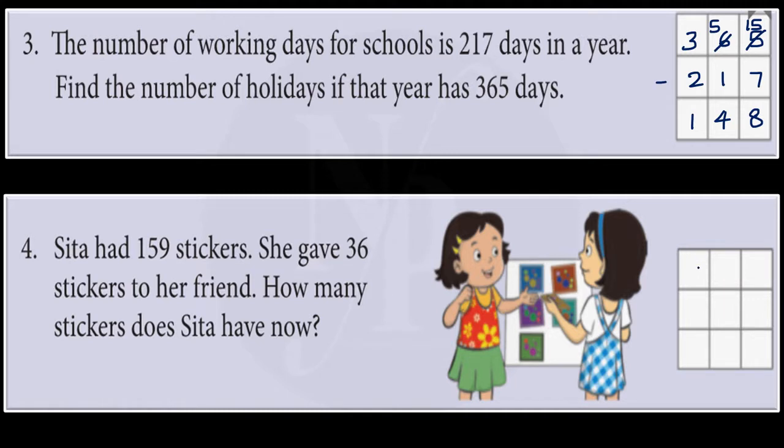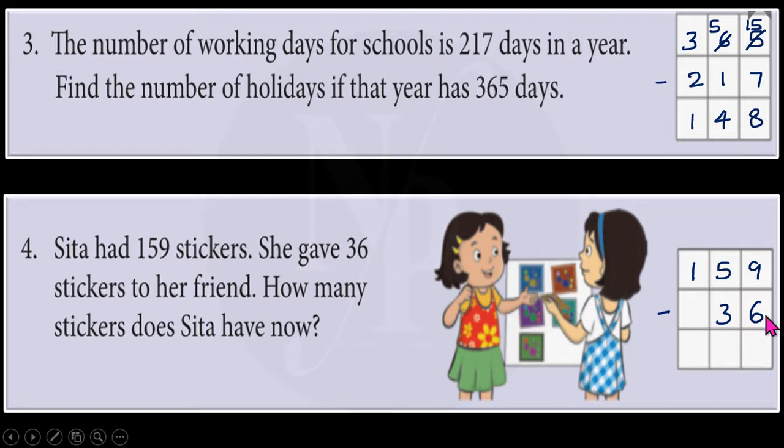So we have to subtract 36 from 159. So we write 159 in the first row, and we subtract 36 from 159 by writing it in the second line here.